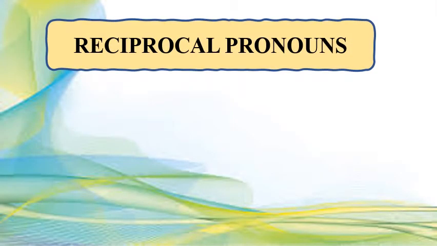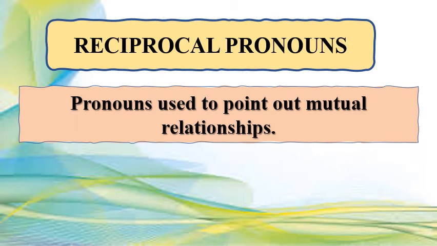Now we have our last, that is reciprocal pronouns. What are reciprocal pronouns? You have heard this term in maths if you are a math student. By the name reciprocal, you can imagine it can be that thing or this thing, right? So pronouns used to point out mutual relationship.